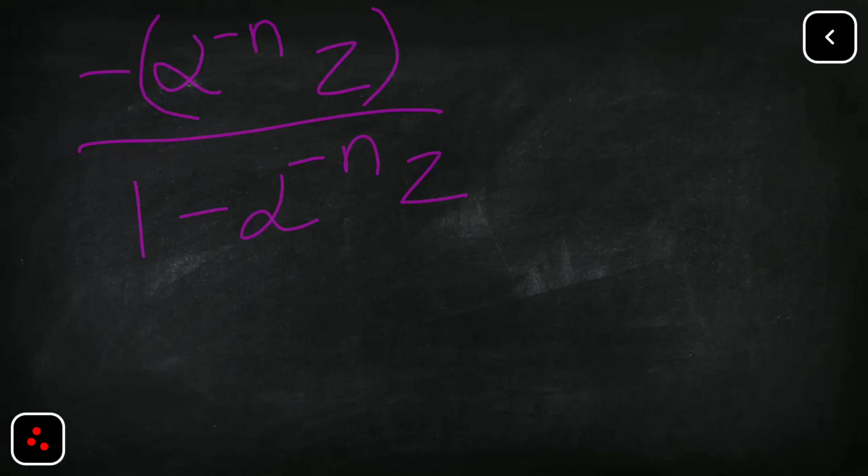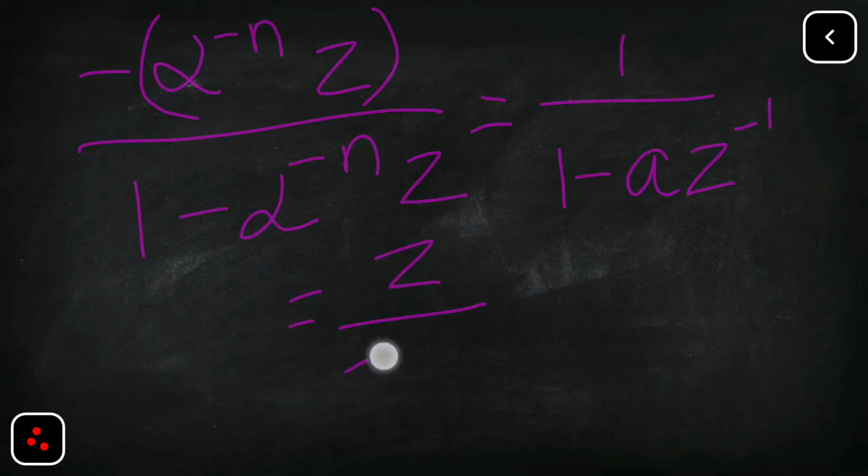I got it, right? Next, I can write this as equal to 1 divided by 1 minus a z inverse, or equal to z divided by z minus a.